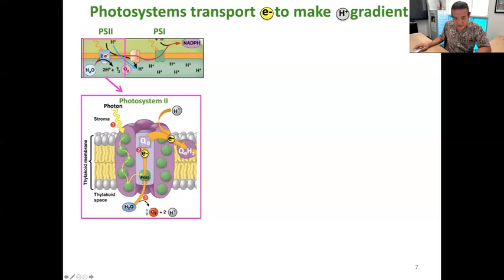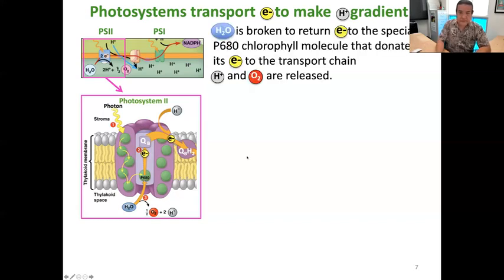And again, the electrons that are coughed up by this P680 have to be immediately replaced. Those electrons come from the water molecule being broken here to get those two electrons back. And that's where the oxygen comes from. So the H2O is broken to return electrons to the special P680 chlorophyll so that it can continue to donate these electrons to the electron transport chain.